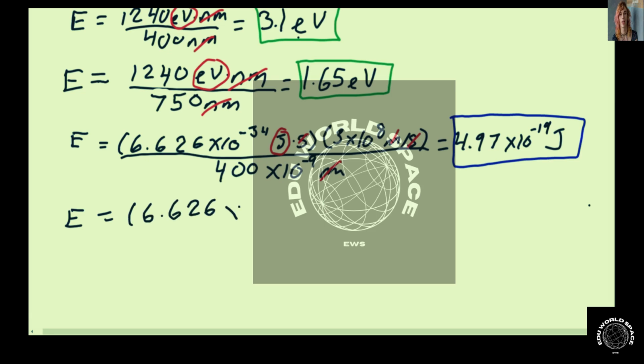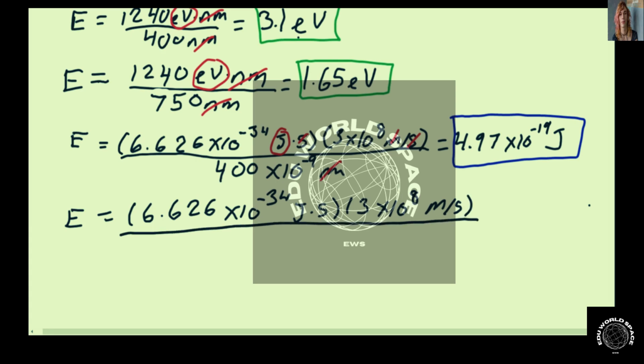Planck's constant here, 6.626 times 10 to the minus 34. This is joules times seconds. It's the speed of light, which is 3 times 10 to the 8th meters per second. And divided by our wavelength, which is 750, translating it now into meters, so this is going to be times 10 to the minus 9 meters.